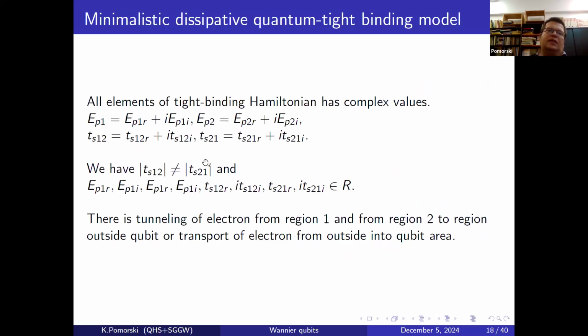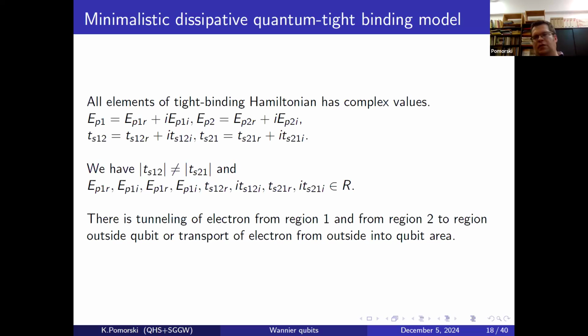Yeah, so then we can generalize further this tight binding model, because I have mentioned to you about localized energies. Localized energies AP1 and AP2 can have real values, since these are diagonal terms of this Hamiltonian.